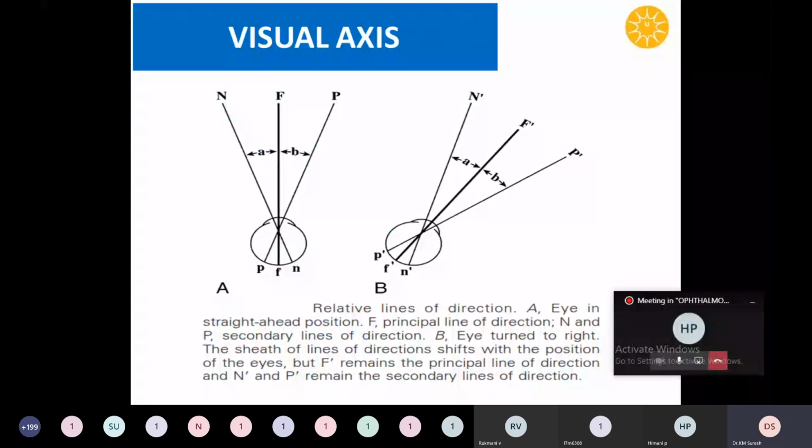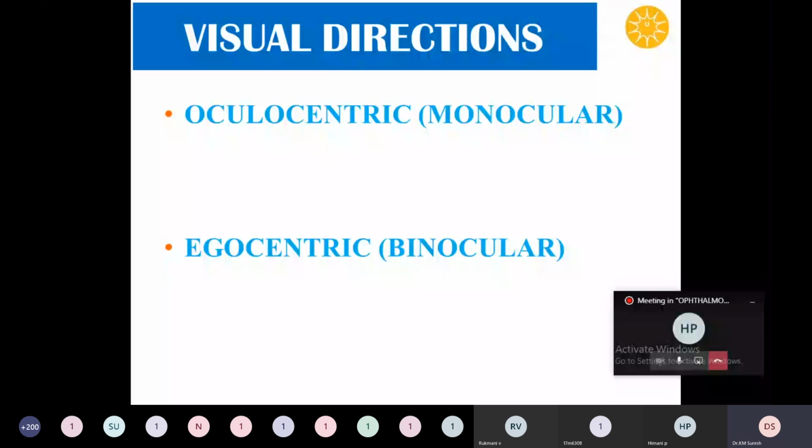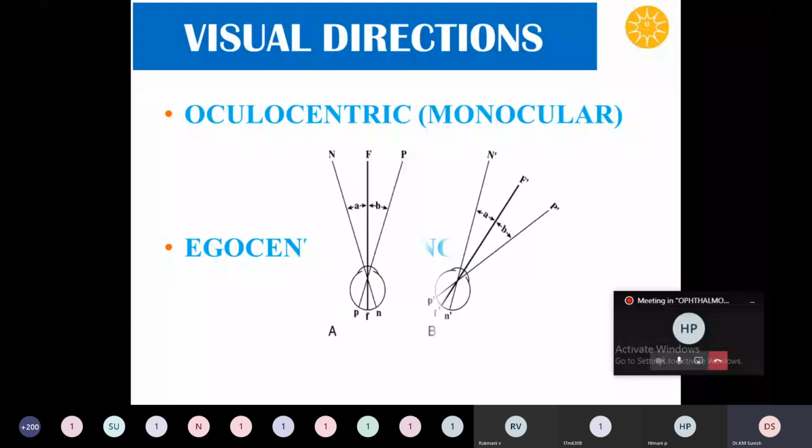This is a diagrammatic representation of the visual axis. I think in optics you have been told what is visual axis and what is optical axis, and I don't want to go into the details of all these things. So you have oculocentric, monocular, and egocentric binocular visual directions.